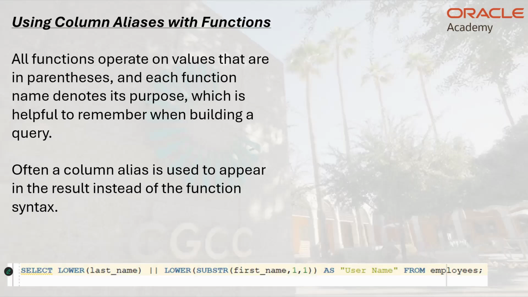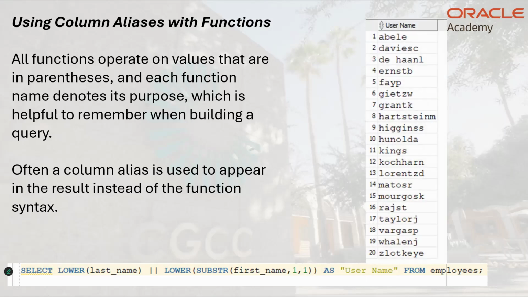So here we have select lower last name, and you concatenate that with lower substring first name 1 and 1. So the first character and only 1. And we're going to call that username. When we look at the results, now we actually have a username.